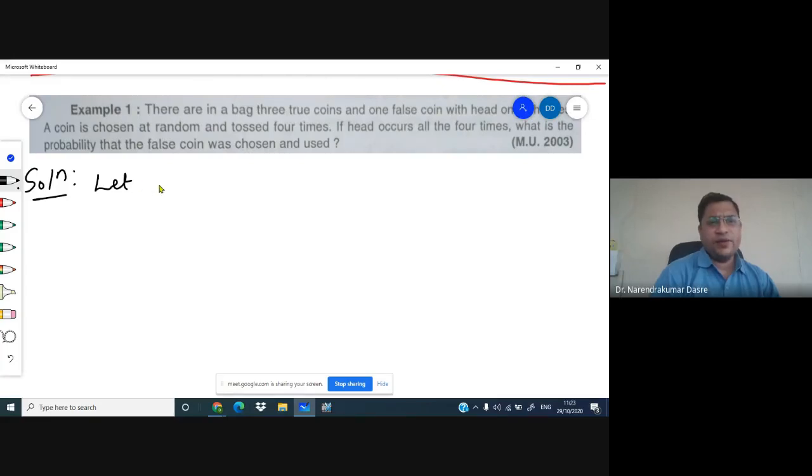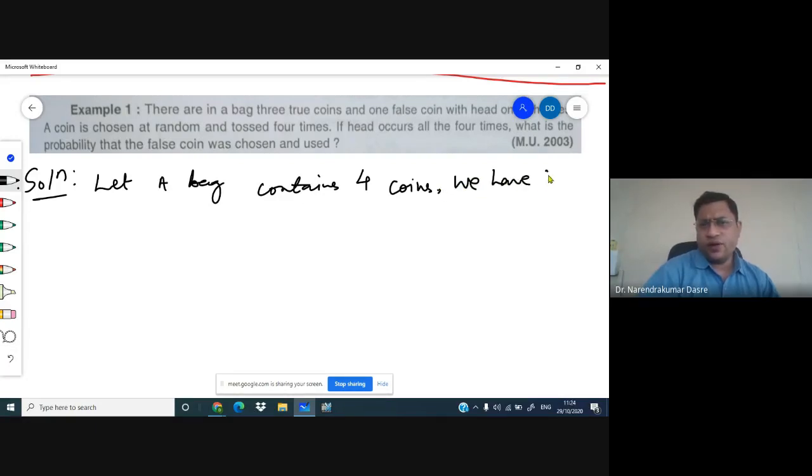Let a bag contain 4 coins, 3 true coins and 1 false coin.